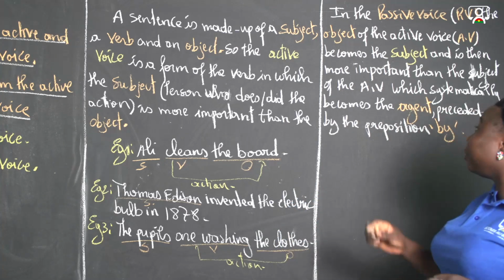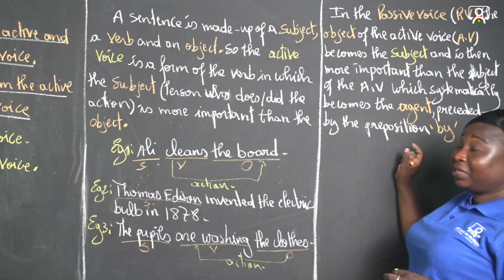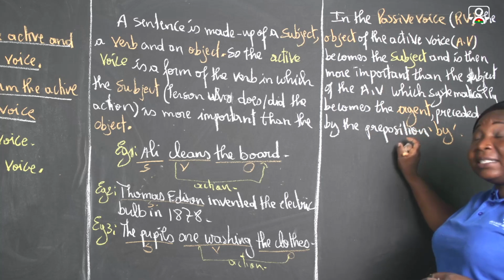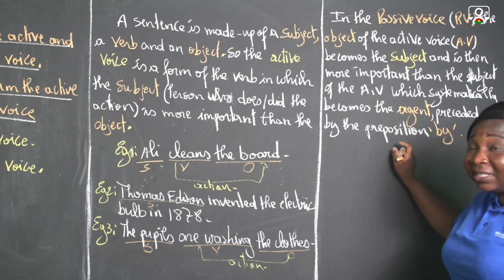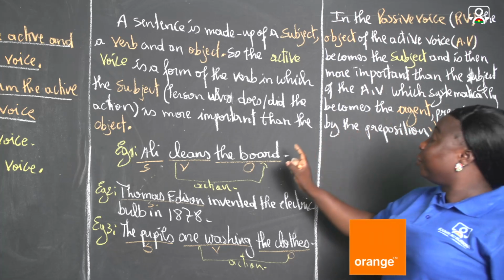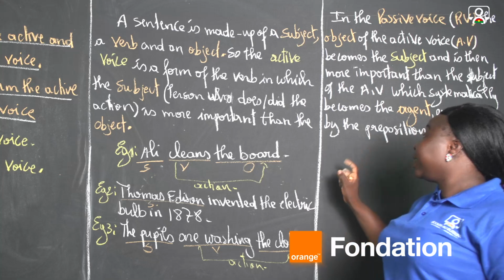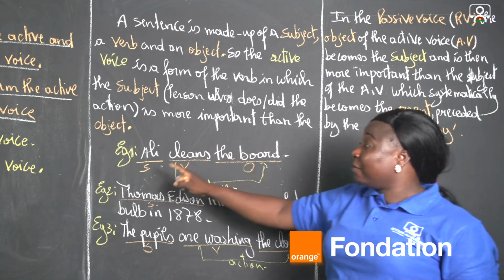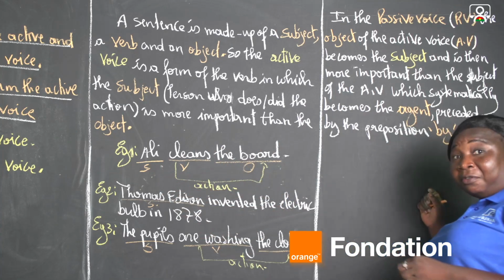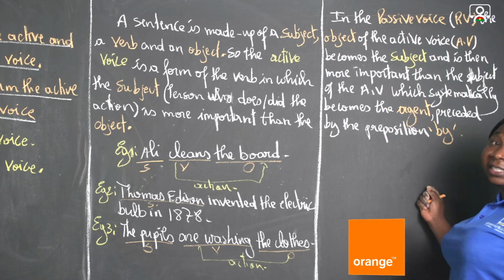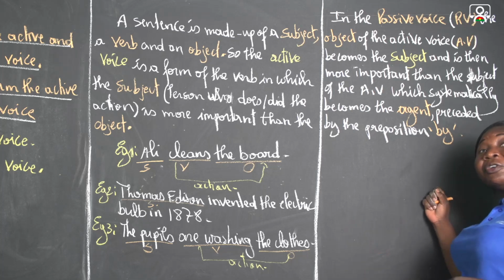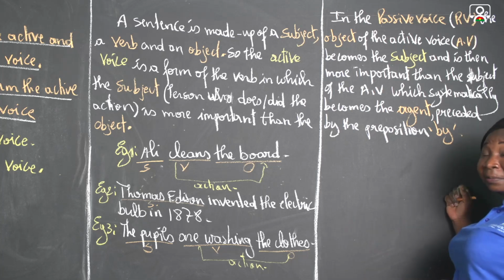So this is the first step to move from the active to the passive voice. First, the object will become the subject, and the subject will become the agent.